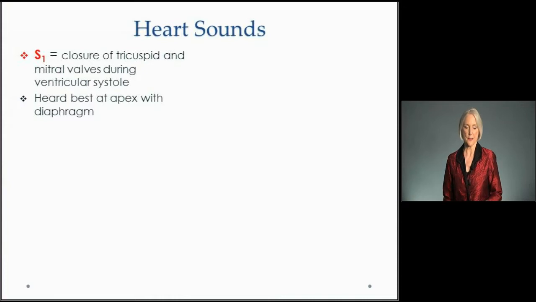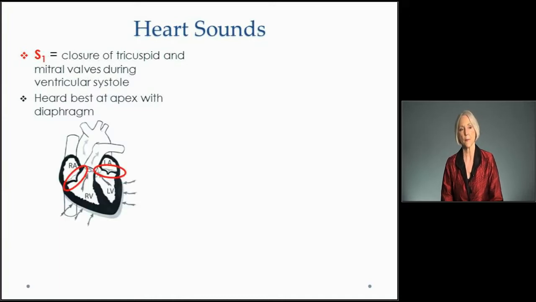So let's talk about the heart sounds, the different sounds that the heart makes. First of all, the S1 sound is closure of the tricuspid and the mitral valves at the onset of ventricular systole. When the heart goes into systole, as illustrated by this picture, the circles are surrounding the tricuspid valve and the mitral valve, and the little arrows on the ventricle indicate that the ventricle is in systole.